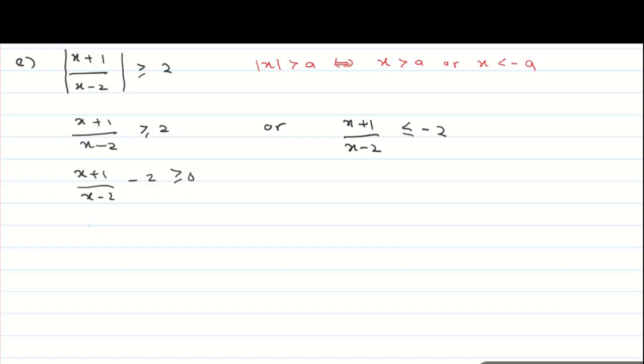Make the left hand side into one fraction. So we have (x plus 1 minus 2x plus 4) over (x minus 2) greater or equal to 0. And then we have (negative x plus 5) over (x minus 2) greater or equal to 0.